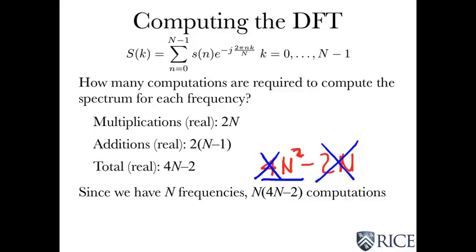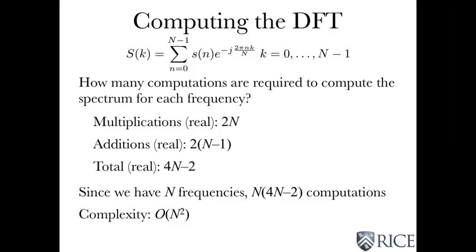What we want to know is, on the same computer, how much more work is going to be required as I change the number of points in the transform, the term capital N. So what is known as the computational complexity of this calculation is N squared. This is read as an order N squared computation.